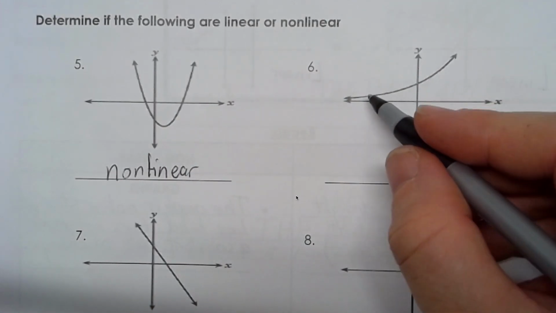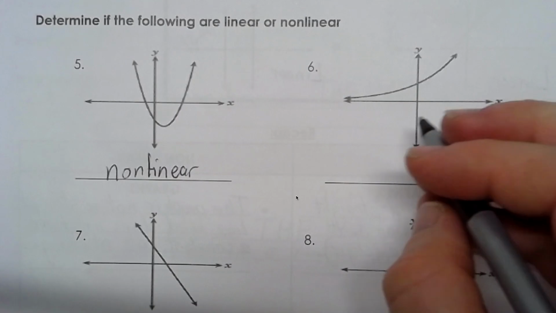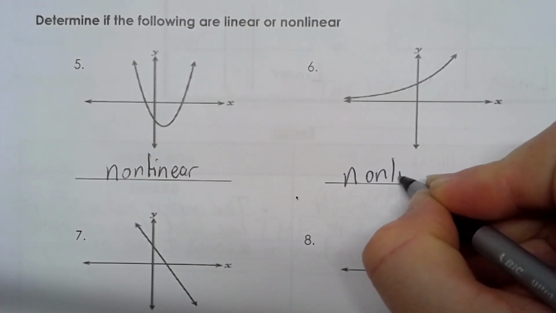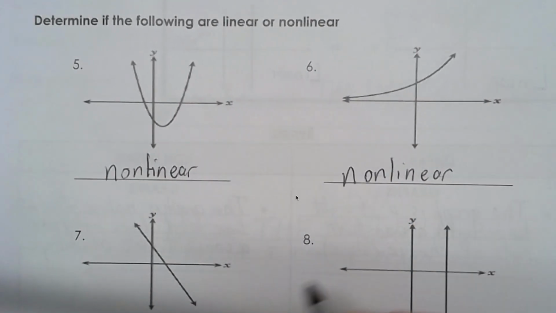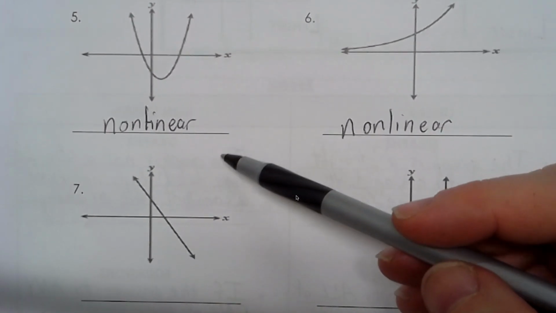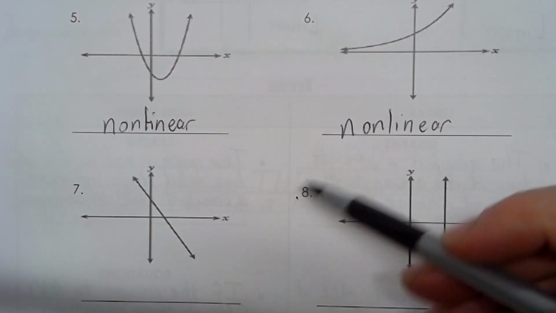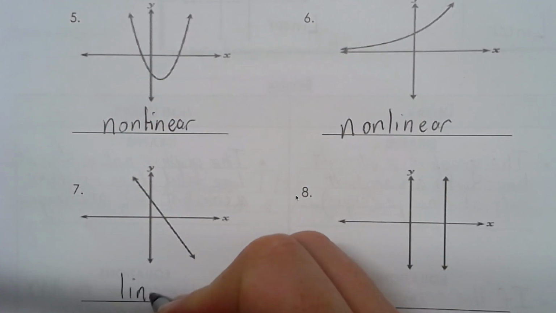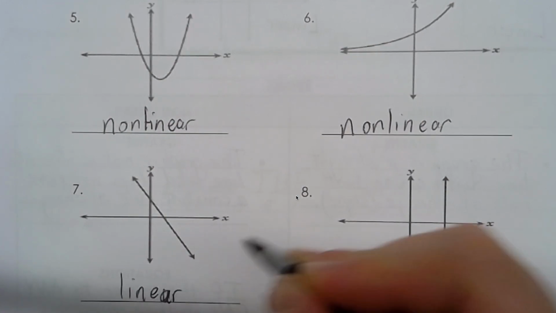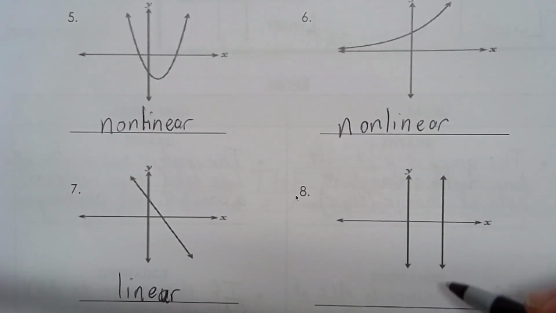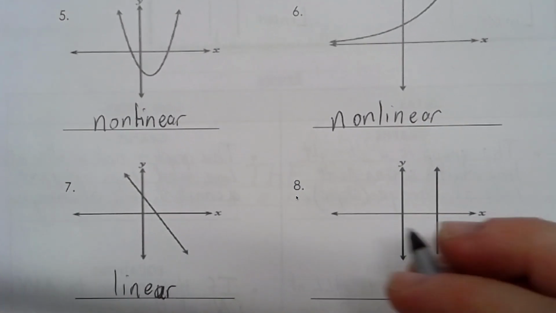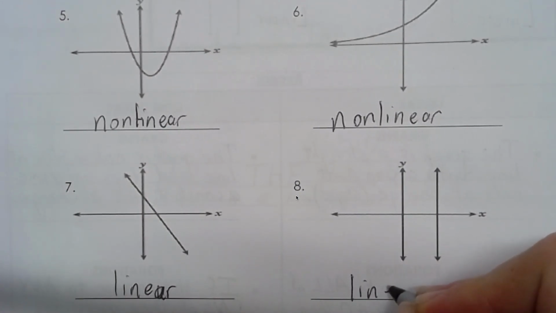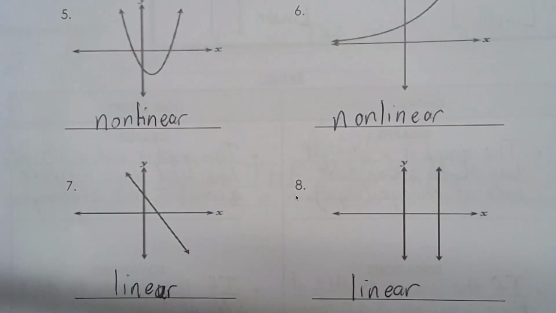Number 6, the graph is curved, nonlinear. Number 7, we have a perfectly straight line that we can draw with a ruler. This is a linear relationship. And then number 8, perfectly straight line. This is a linear relationship.